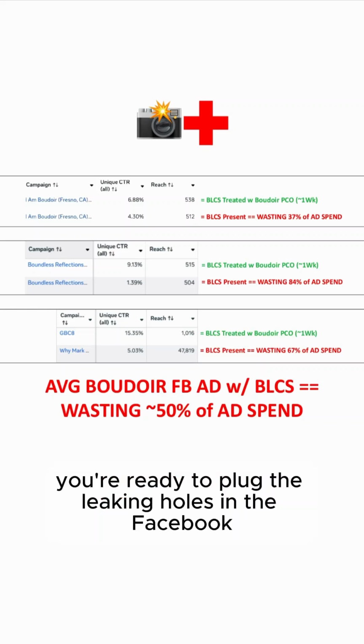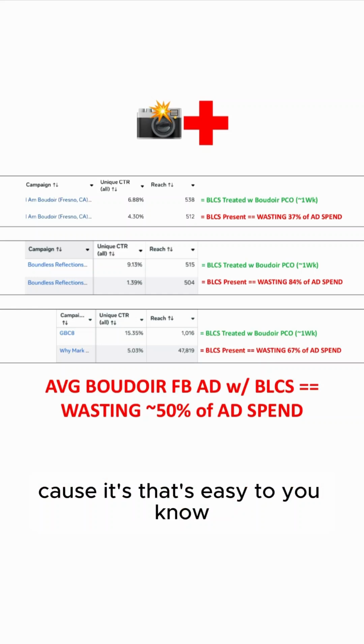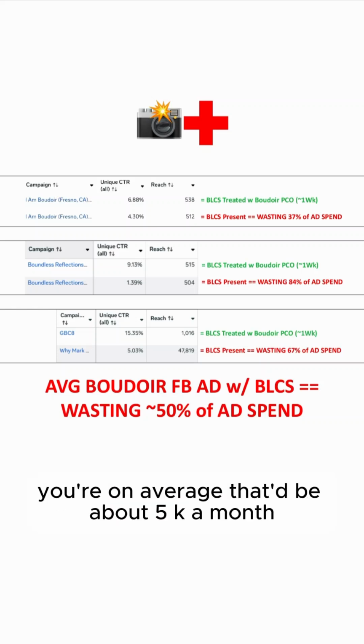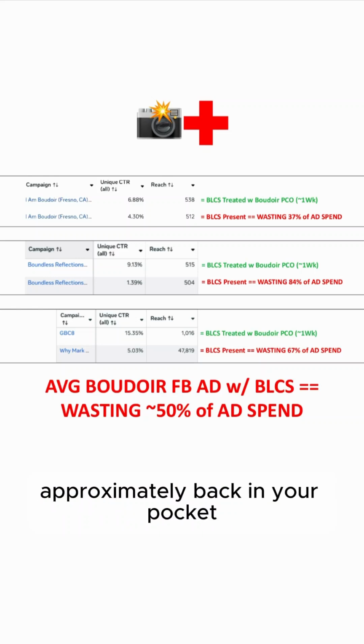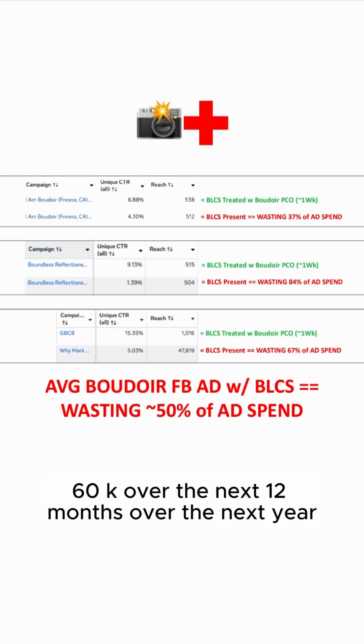Now you're ready to plug the leaking holes in the Facebook ad strategy, because that's easy: just eliminate the waste. And you actually want to keep more money in your pocket. On average, that'd be about 5K a month, approximately, back in your pocket, treated with Boudoir Pico, and approximately 60K over the next 12 months, over the next year.